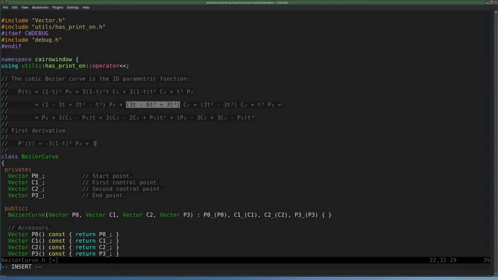So 3 times the derivative of this times t. So that is 6 times 1 minus t times minus 1 times t plus that.